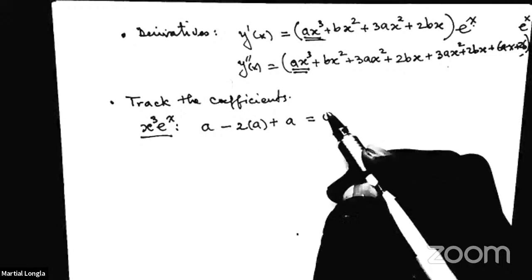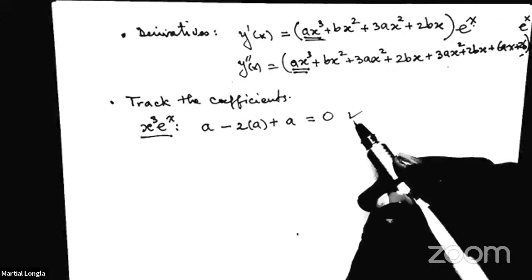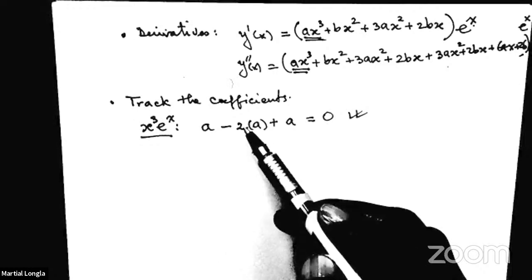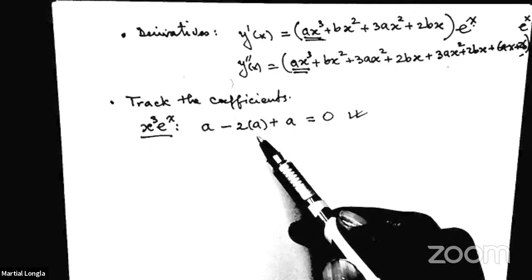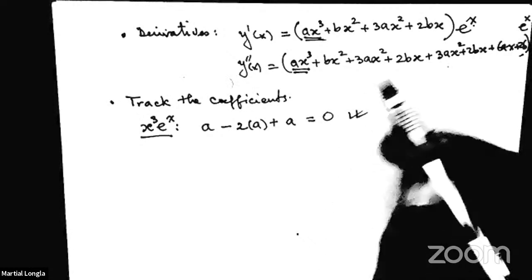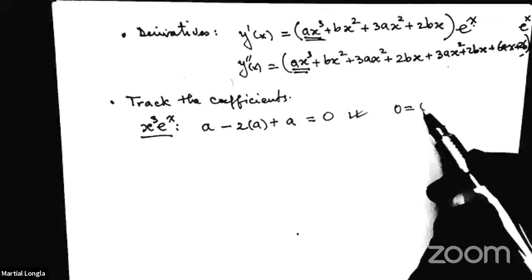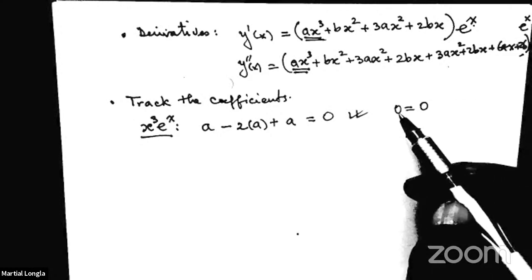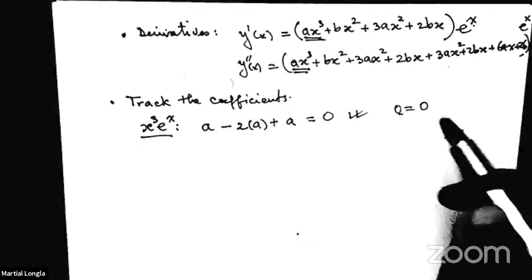So none. Remember I told you that this equation is going to give you 0 equals 0. A minus 2a plus a is 0. So that is really 0 equals 0. Again, let me emphasize here, this is where most of the time some people mess up. If you don't listen to what I say right here, they force this equation to give a equals 0.